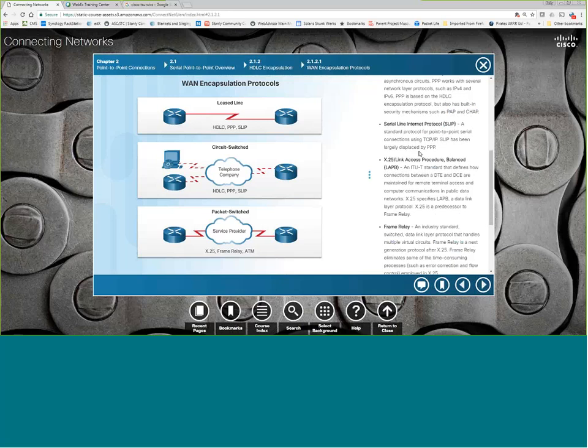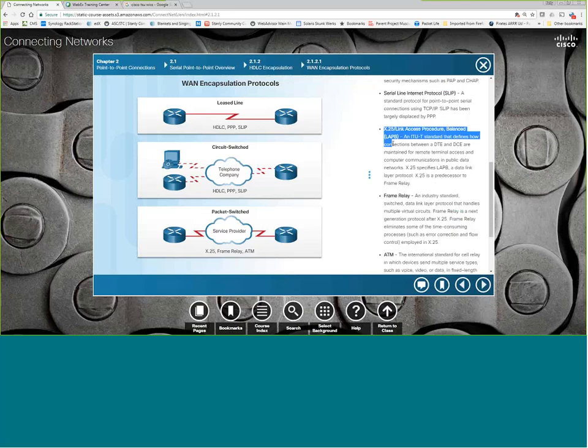Other protocols we have: X.25, an older protocol that predates Frame Relay. The problem with X.25 is that it is packet switched and uses a large amount of error checking. It was for remote access terminals, like terminals in an airline registration or check-in system, those types of things.